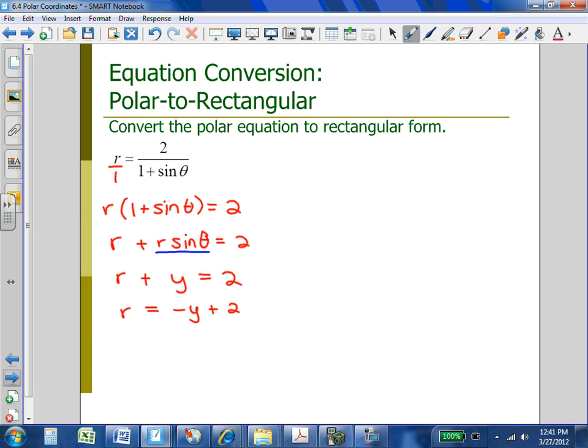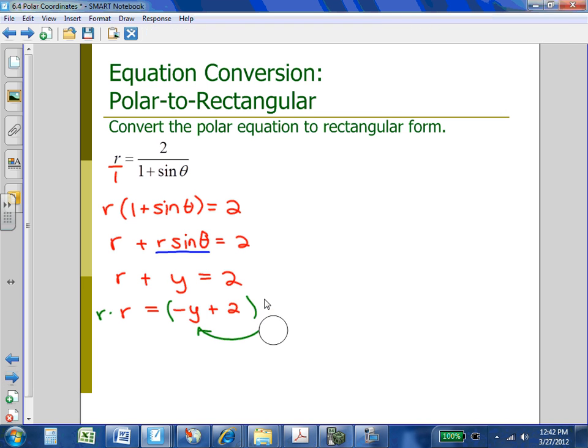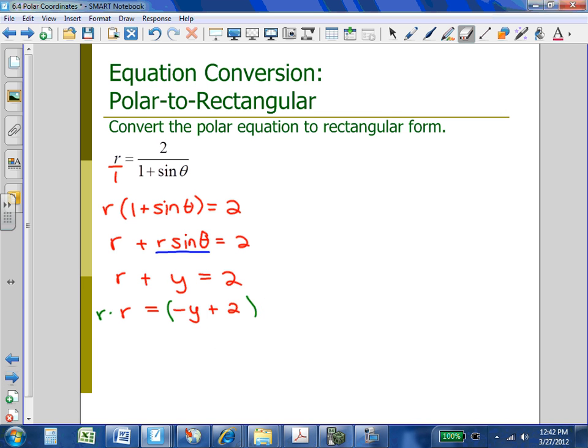Now, I don't want another r to come into play necessarily. I don't want to multiply both sides by r here. Do not do this. I don't want to multiply both sides by r because then I'm mixing this r back into my y's, and that's not what I want to do. What I do want is to get an r squared.